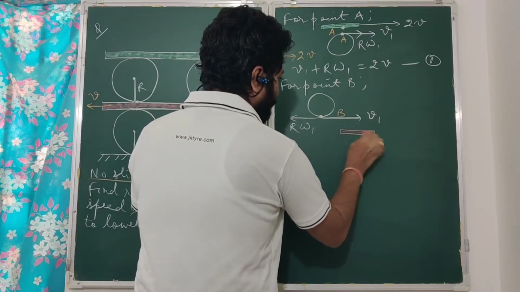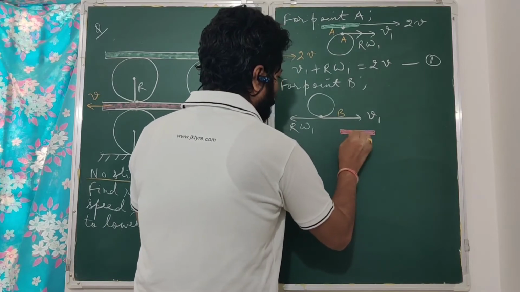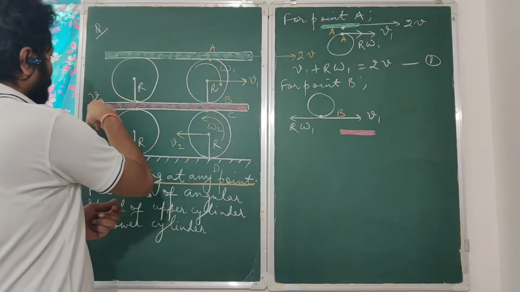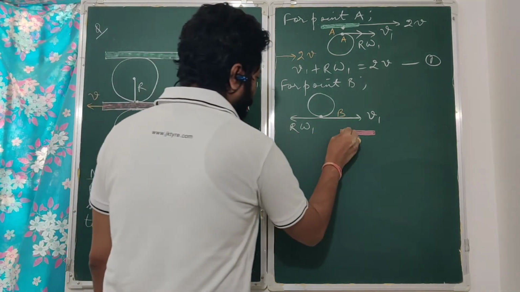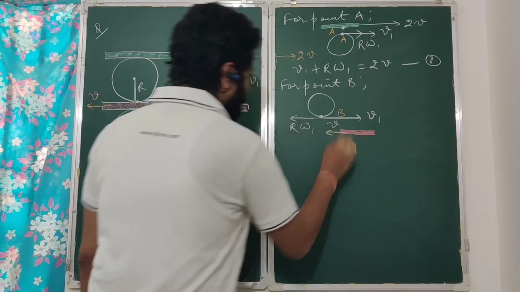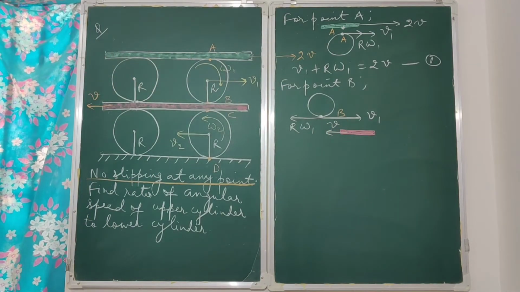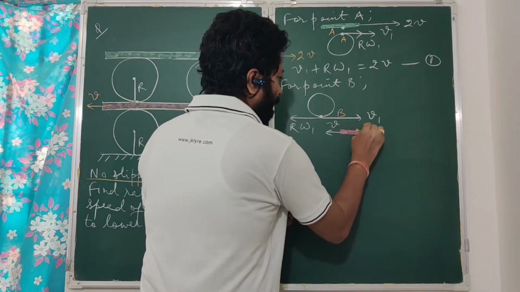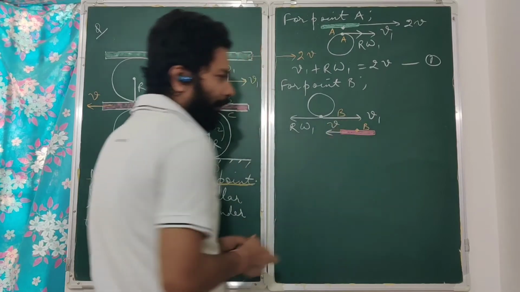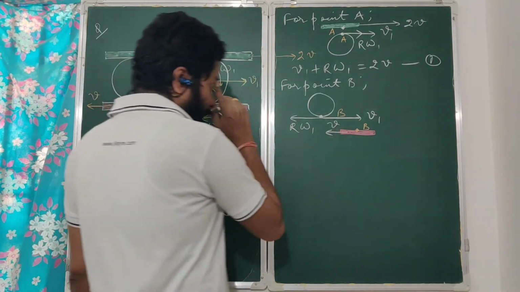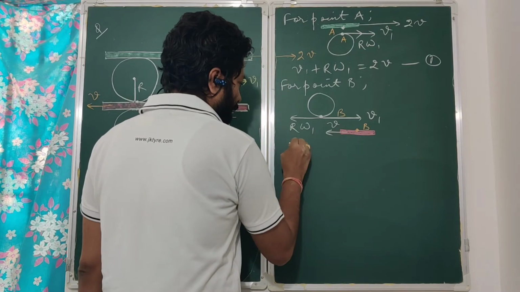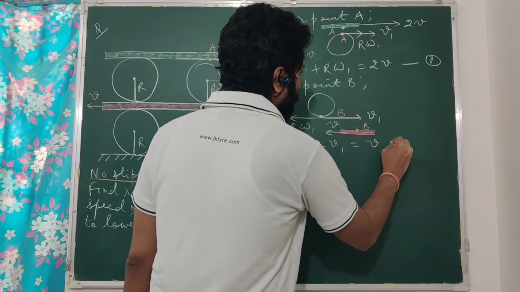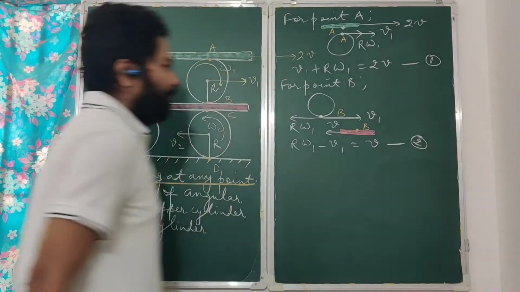This middle plank is moving towards left hand side with some velocity v. So again you are having the common point B here. Both the points should have the same velocity, no relative motion. So here we can write r omega 1 minus v1 is equal to v. So that will become our second equation.